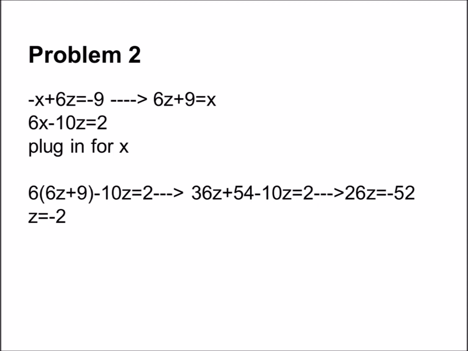So instead of being 6x, it would be 6 times 6z plus 9 minus 10z equals 2. Then when you distribute that out, you'll be equaling 36z plus 54 minus 10z equals 2. And if you reduce that, it would be 26z equals negative 52. And so z would equal negative 2.